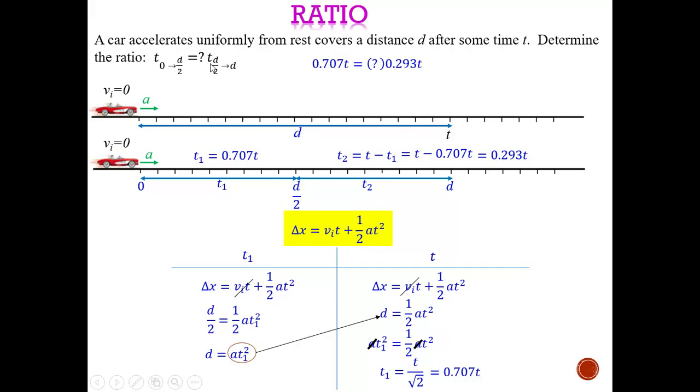While the expression here is t from d over 2 to d, in my work I just call that t2. So t2 is simply 0.293 t. Both sides have t, cancel that out. So in order to solve for the question mark, divide both sides by 0.293 to isolate the question mark. If you do that correctly, you'll get a value of 2.41. So that's our coefficient, okay? So that is the answer for this particular problem.